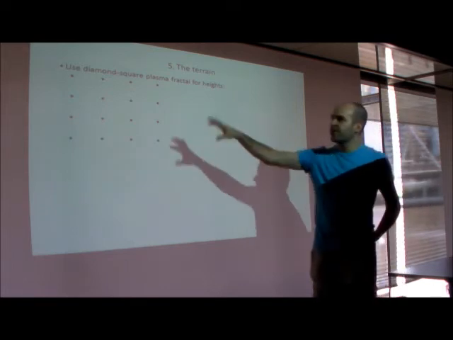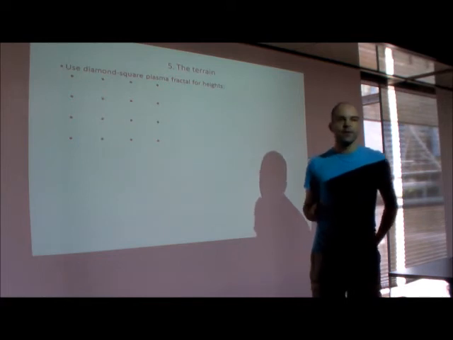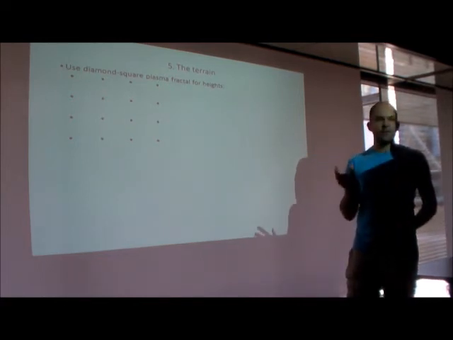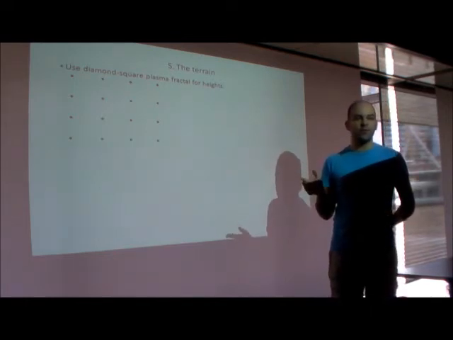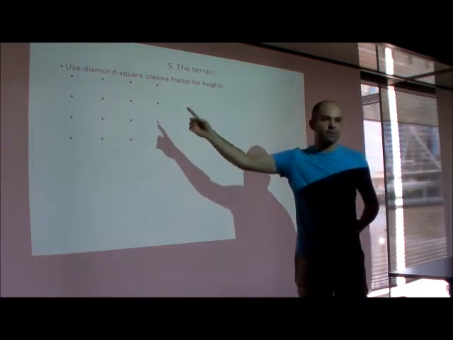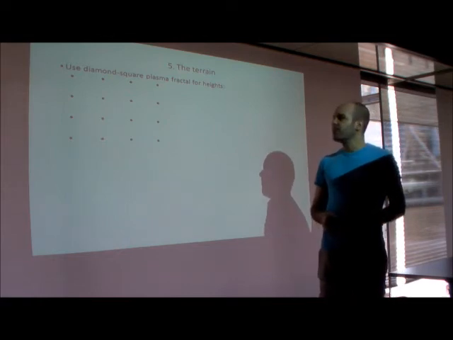Let's say this is a top-down image of the terrain. At a very basic level, what you're looking for is a height field. So you want mountains to have a large height for each point, and valleys to have a low one.